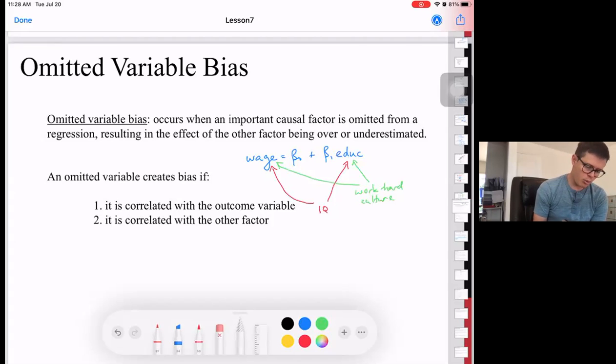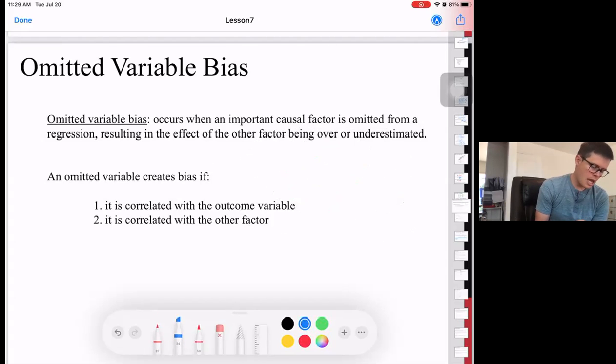So this problem arises if the omitted variable, so these are two really important conditions. An omitted variable problem arises if the omitted variable is correlated with the outcome that you're interested in, and it is also correlated with the other factor that you're interested in.